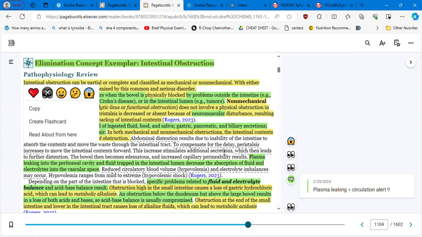Plasma leaking into the peritoneal cavity. So this is what's happening. Now the abdomen is tight because the peristalsis, the intestinal content, and other enzymes are increasing and covering a bigger space. Remember that the abdomen has huge vascularity.